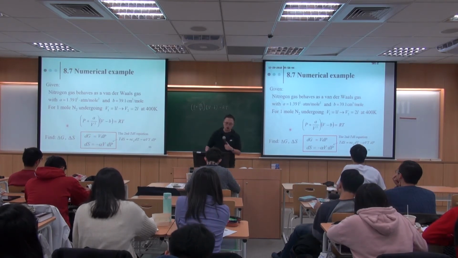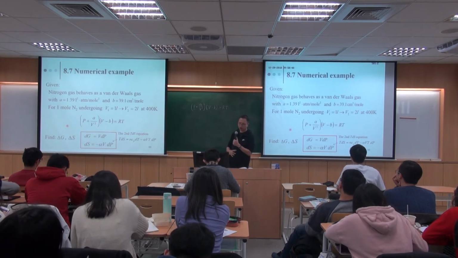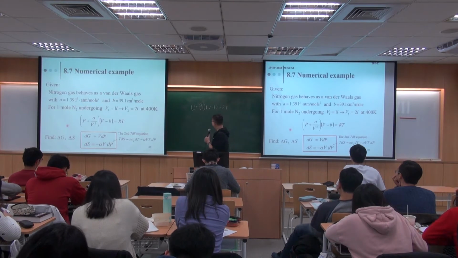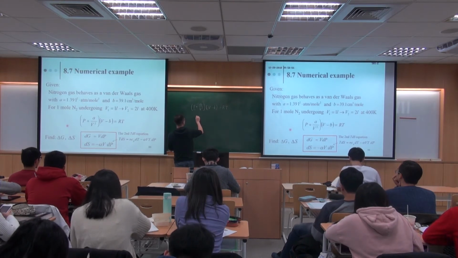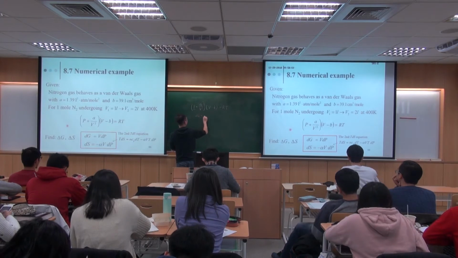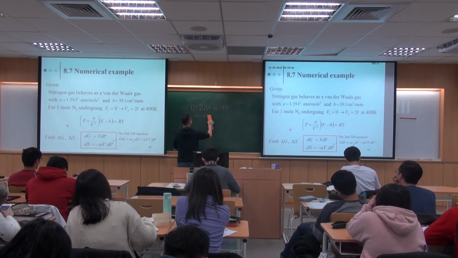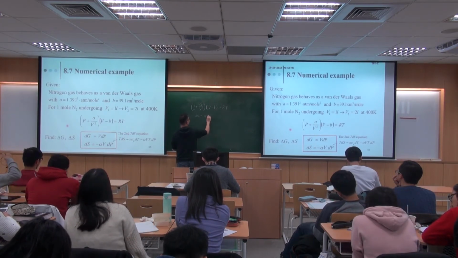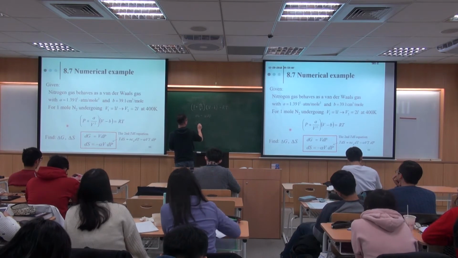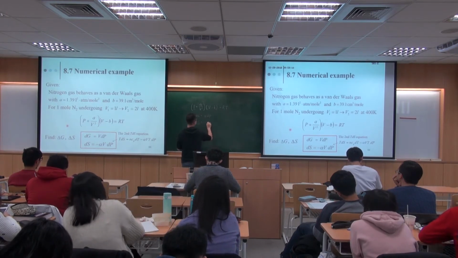If you can memorize this, just be my guest. So the bottom line is that in this chapter, typically if you want to calculate the change of Gibbs free energy, you use this expression. And if you want to calculate the change of entropy, then you use this expression.